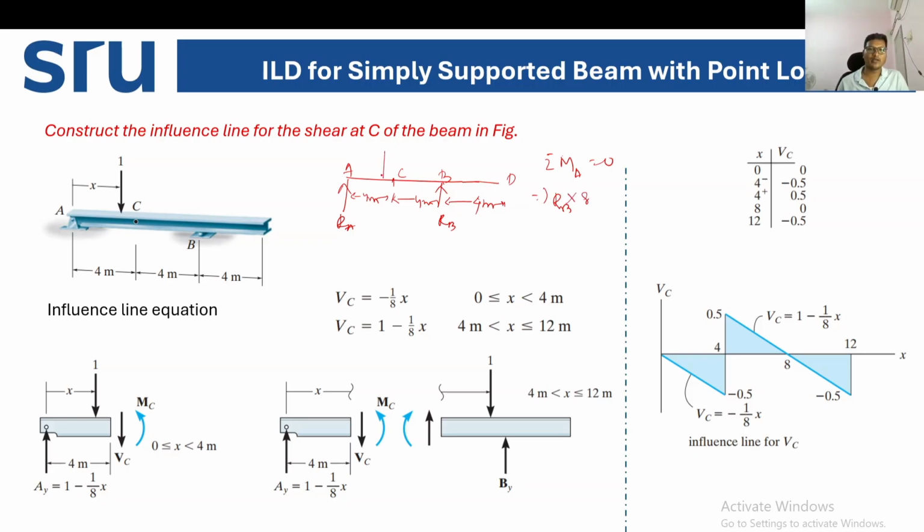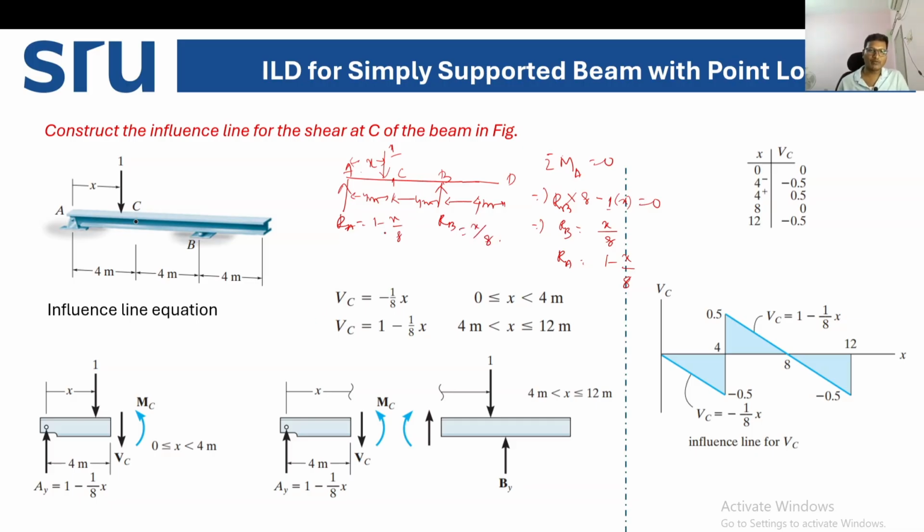Let's say the point load is at distance x from point A. So RB into 8 minus point load, that is your unit load, 1 into x, is equal to 0. So what will be RB? RB is equal to x by 8. So what will be RA? RA will be 1 minus x by 8.